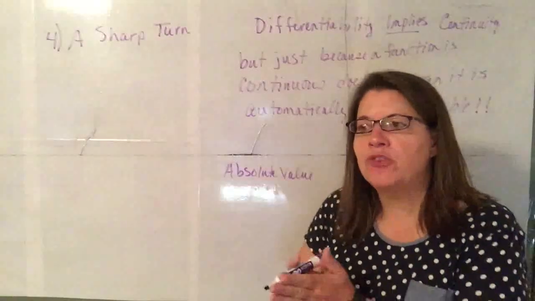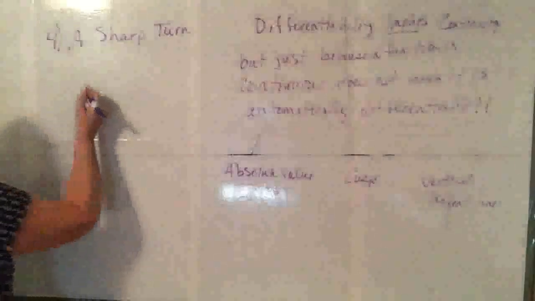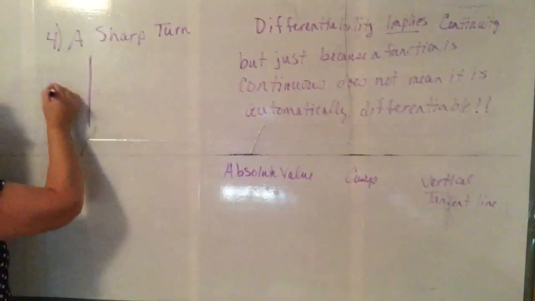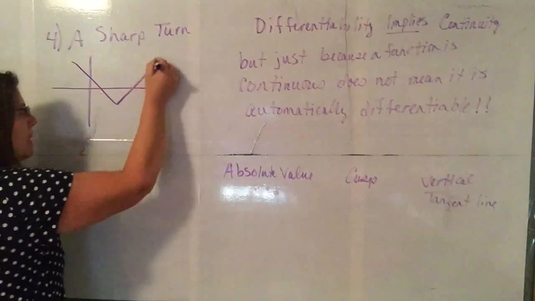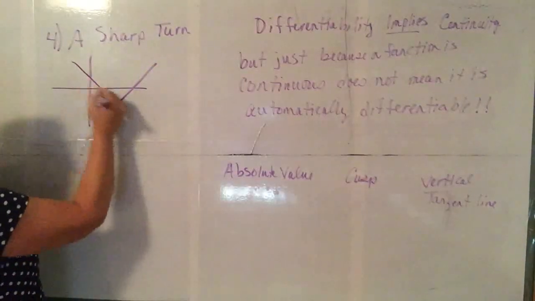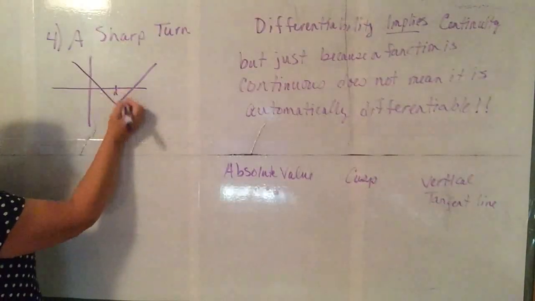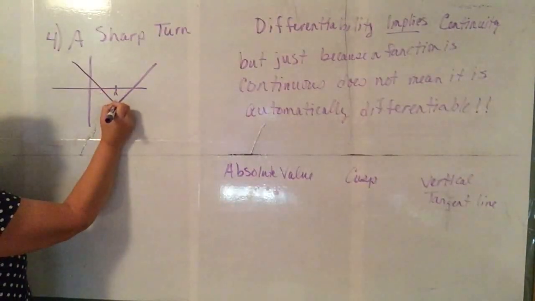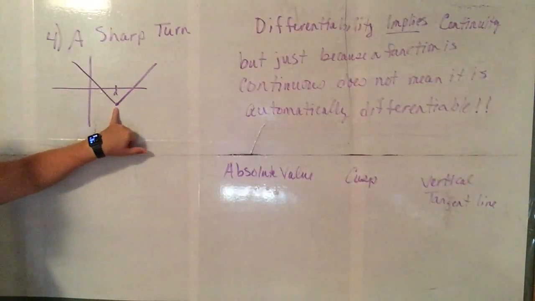The most common example of that is an absolute value graph. If you think about that, let's just say that I graph an absolute value graph, and this point right here, let's just say that's A. So this would be the point A, f of A, and it's an absolute value function.